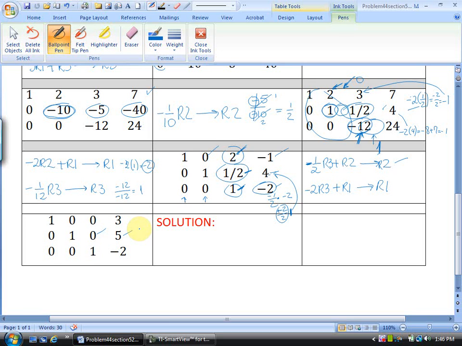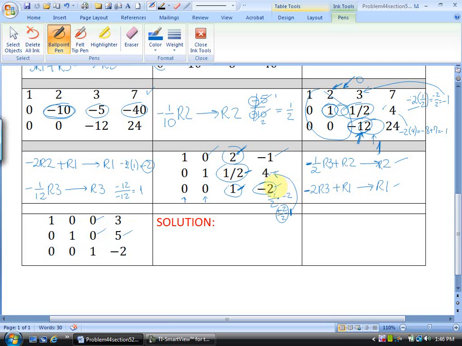Now, let's finish applying the rules to row 1. So negative 2 times row 3. Row 3 is 1, so minus 2 times 1 is minus 2, plus 2 gives me that 0.